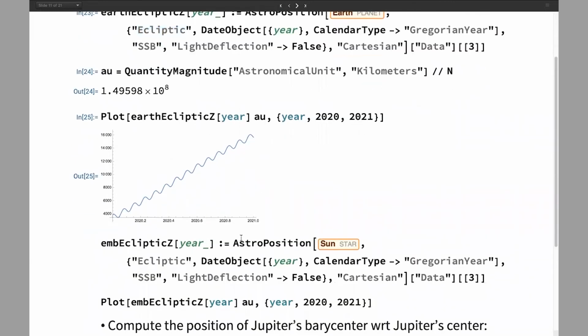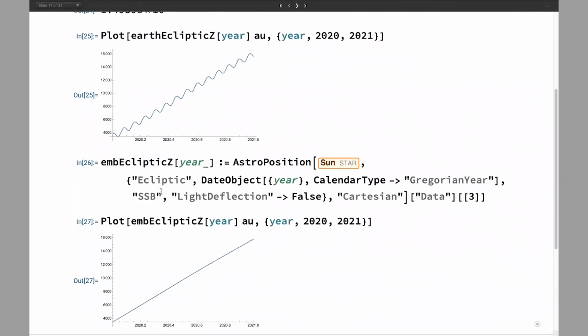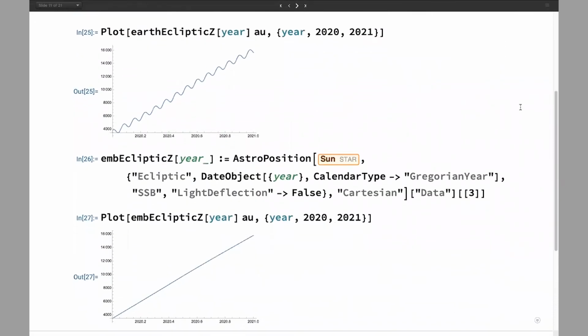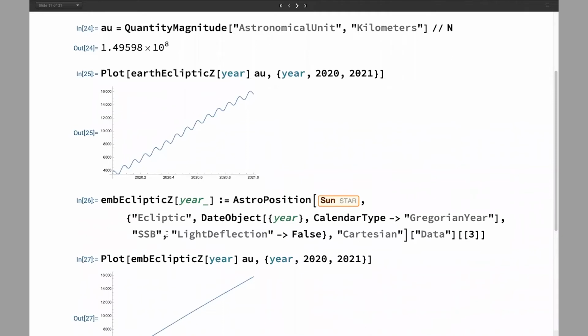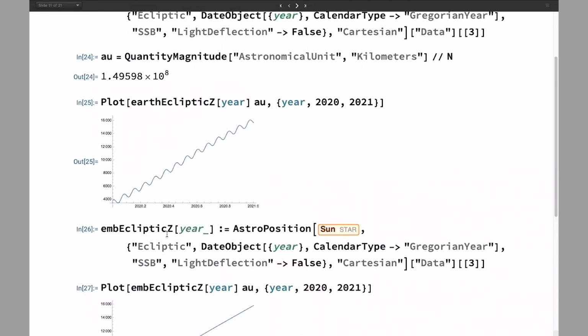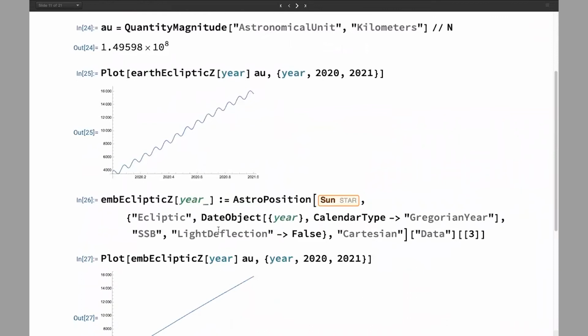And so what happens is that we are looking only at a very small piece. Sorry, I should repeat again. We can eliminate this oscillation by looking not at the position of the Earth, but at the position of the Earth barycenter.